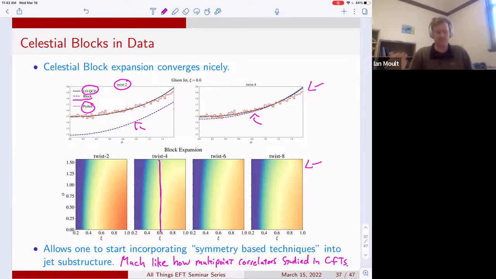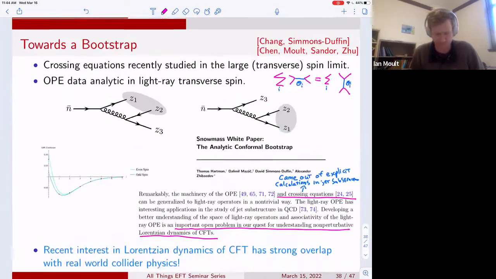This is extremely exciting in that it allows one to start incorporating these symmetry-based techniques, which are so familiar in conformal field theory, into real-world jet substructure. In particular, this is literally the pattern that you see on the detector. The hope is that as this operator product expansion is better understood, one can use it to compute, for example, more complicated correlation functions that you cannot yet do completely in perturbation theory.